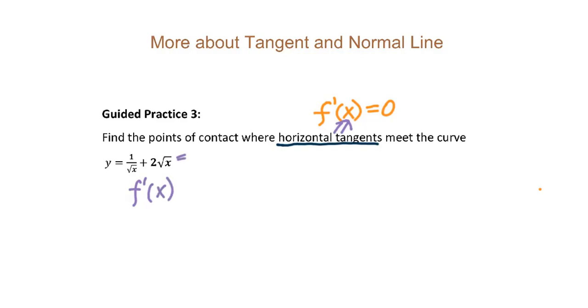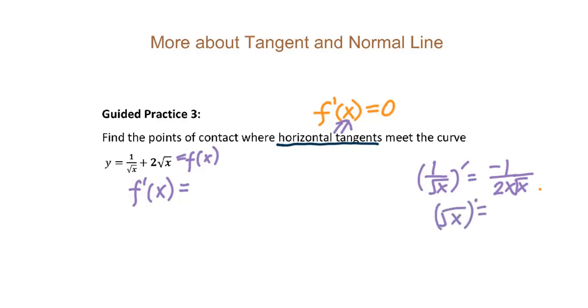We assume this is f of x. So for 1 over square root of x, we know the derivative is negative 1 over 2x square root of x. The derivative for square root of x will be 1 over 2 square root of x.